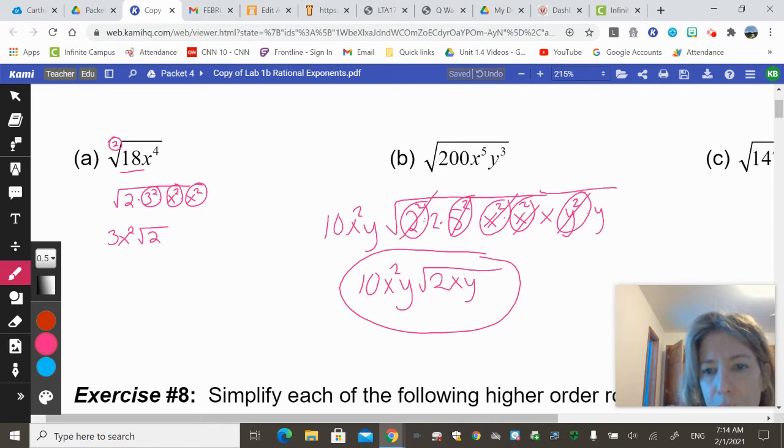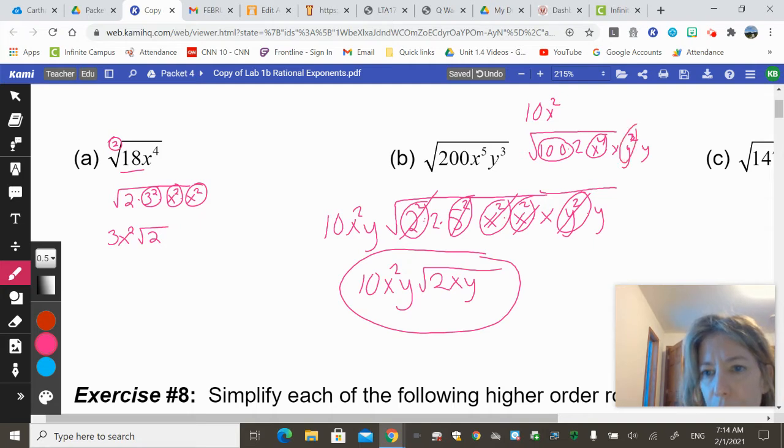All right, and if you're fluent with your perfect squares, you can just say, okay, I know this is 100 times 2. You can leave x to the fifth as x to the fourth times x, and y cubed is y squared times y. And you can also do it like that. Okay, I know the square root of 100 is 10. I know the square root of x to the fourth is x squared.